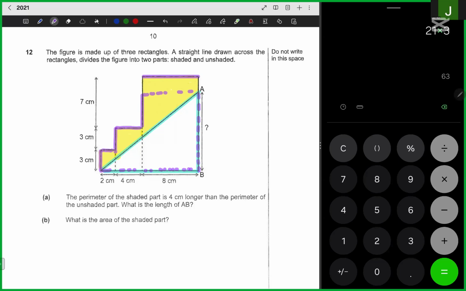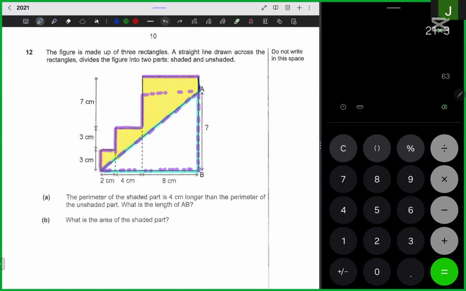And then the slanted line down here is a common point, so it doesn't really affect the perimeter.